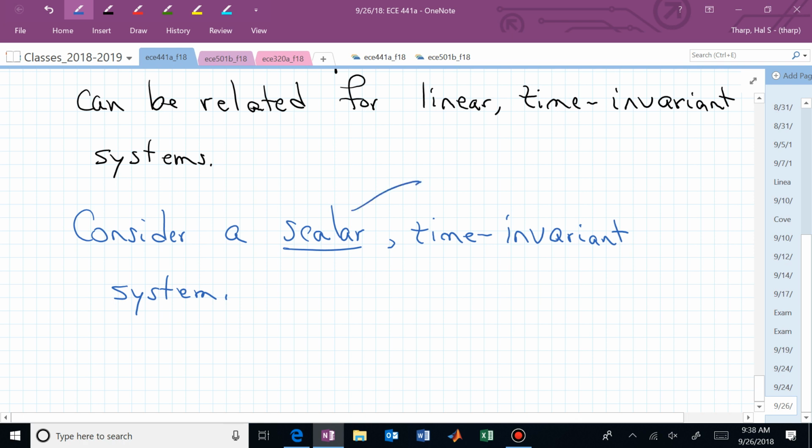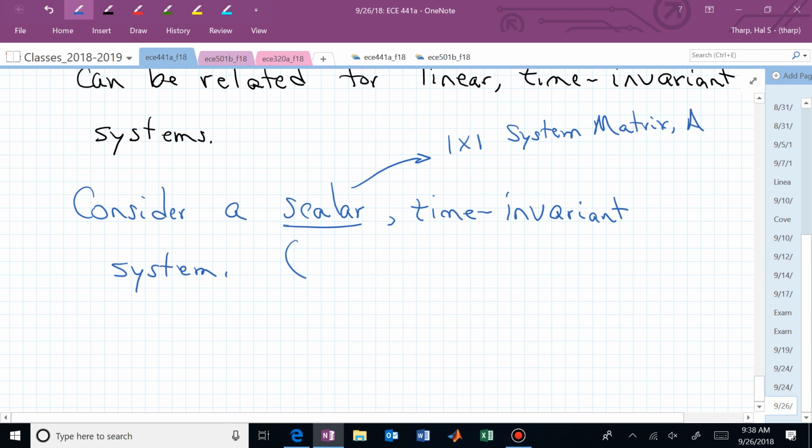And when I say scalar, that really means that we have a 1-by-1 system matrix A. And it's time invariant, which means that if A is now lowercase since it's 1-by-1, and B and C are scalars, these are all going to be constants.